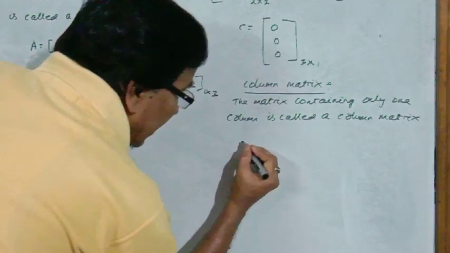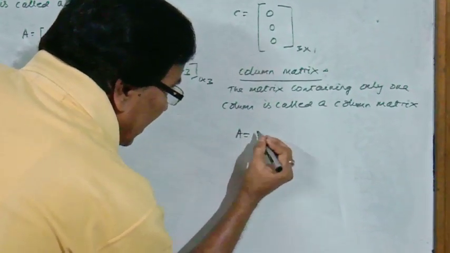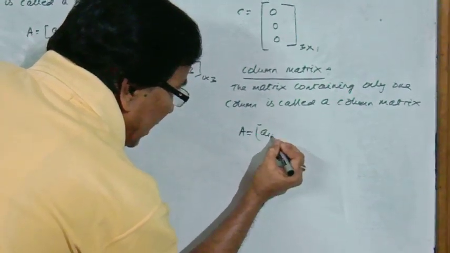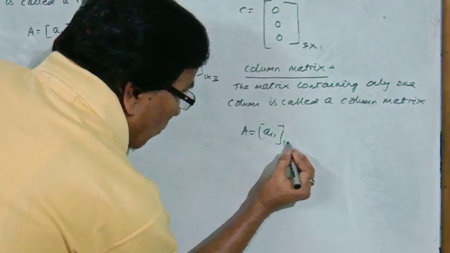So that means here you see that if we take a matrix containing only one element A11, it is a column matrix of order 1 cross 1.